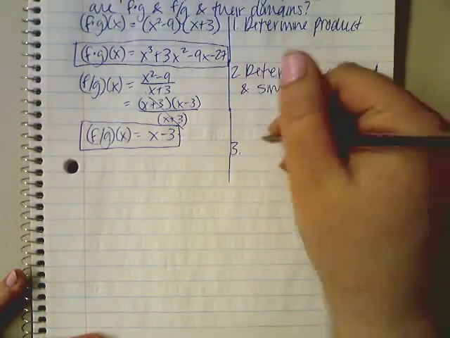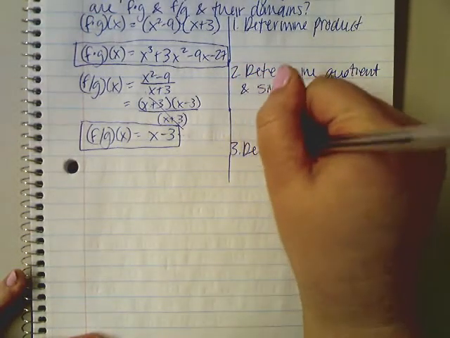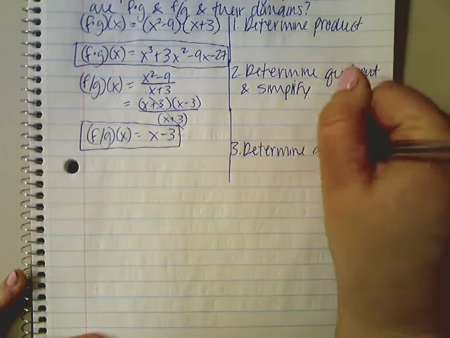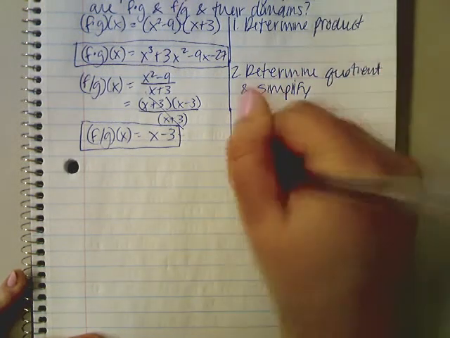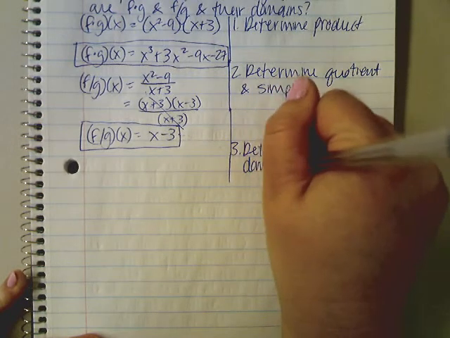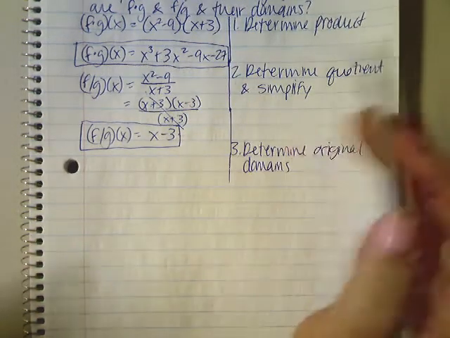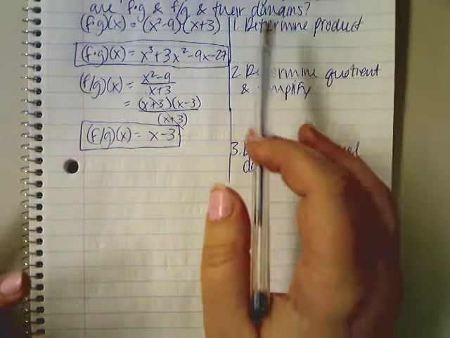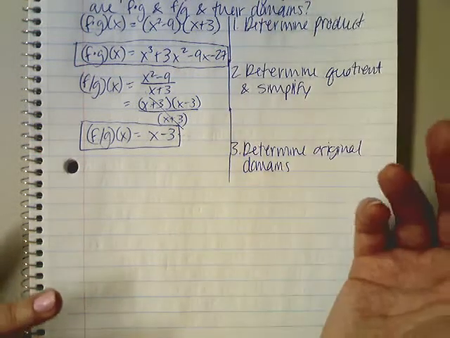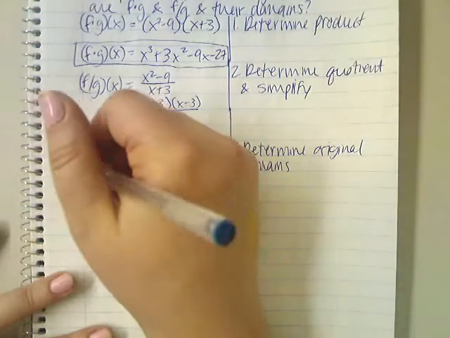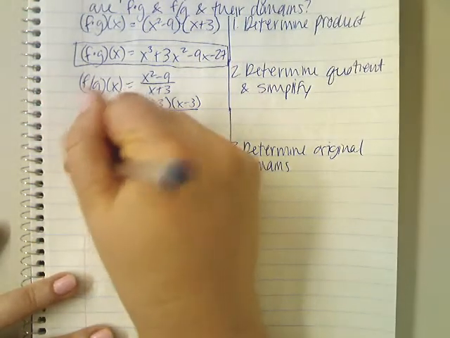So for 3, I'm going to determine original domains, just as we did before. And if I look at both of these, again, there's no square roots, there's no fourth roots, there's no weird roots here. So I can go ahead and say that the domains, original domains, are all real numbers.